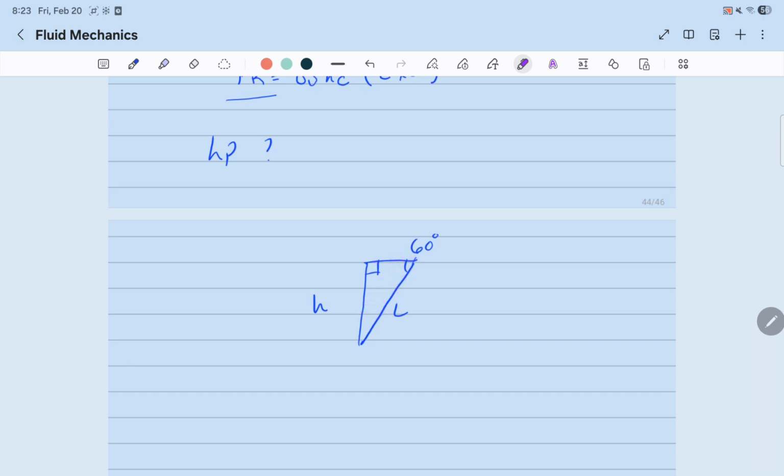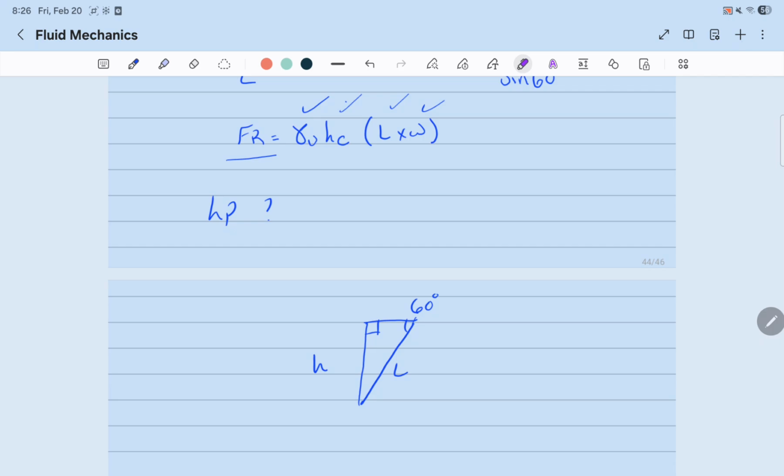Actually, we don't need this triangle here. Just look at the inclined wall, L, and we know that the pressure at the surface of the fluid is 0, and as we go down, it increases.